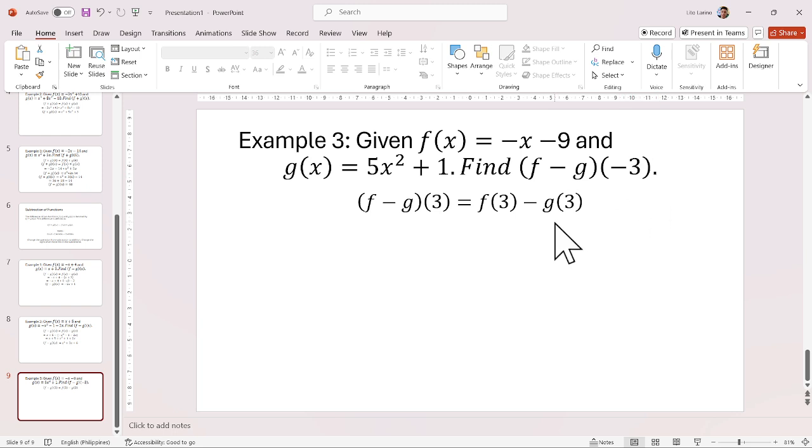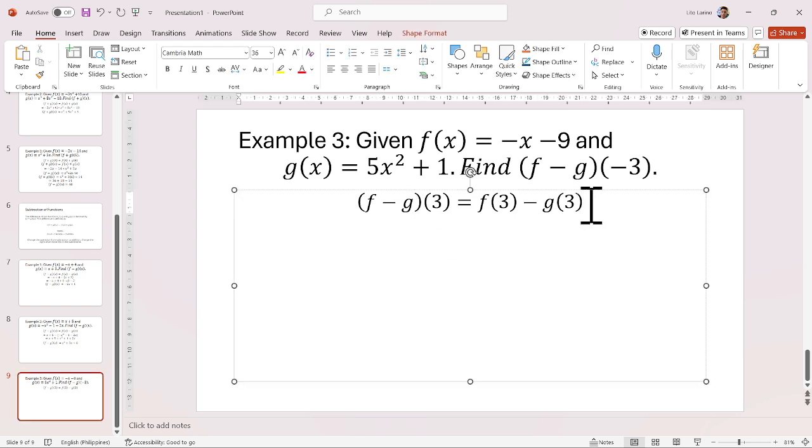Just like in the addition of functions, we can evaluate first the function f of x at x equals negative 3, and then evaluate also g of x at x equals negative 3, and then find the difference of the results. But again, we will be doing two evaluations of functions. But to make it simpler, we will first find the difference of the two functions.